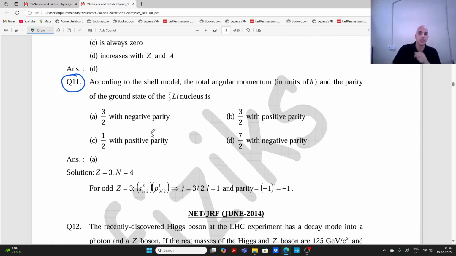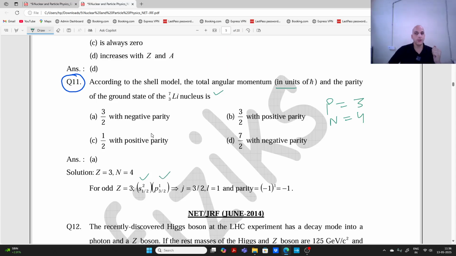Now, according to the shell model, the total angular momentum and parity, I mean spin angular momentum and parity, again the same kind of question. Number of protons is equal to 3 and number of neutrons is equal to 4. So the unpaired nucleon is a proton, so we write 1s2, 1p1.